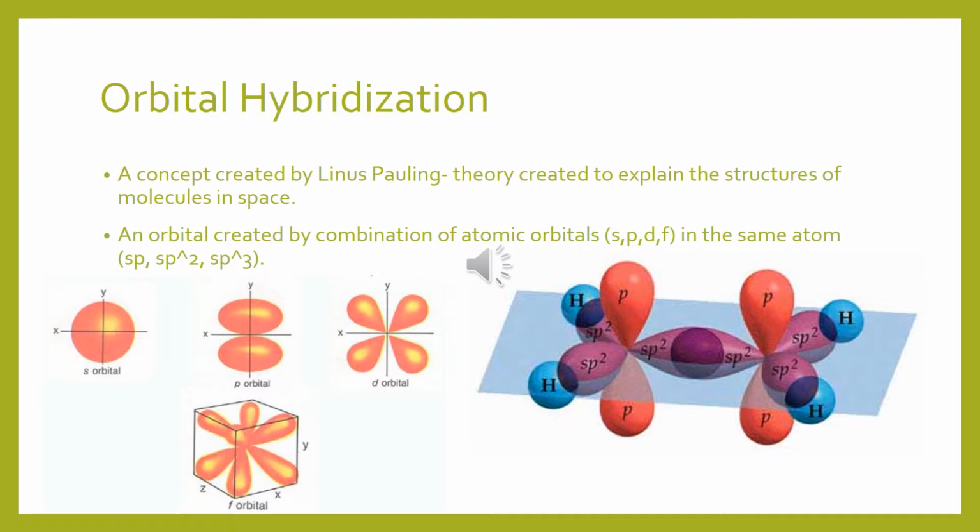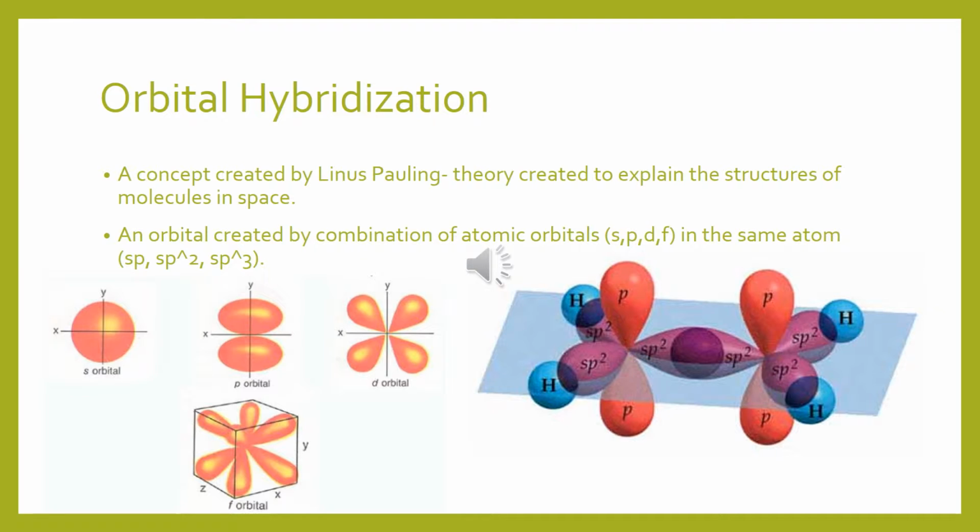Orbital hybridization is a concept created by Linus Pauling, a theory created to explain the structure of molecules in space. A hybrid orbital is created by the combination of atomic orbitals in the same atom. Here we have sp2 and sp3.